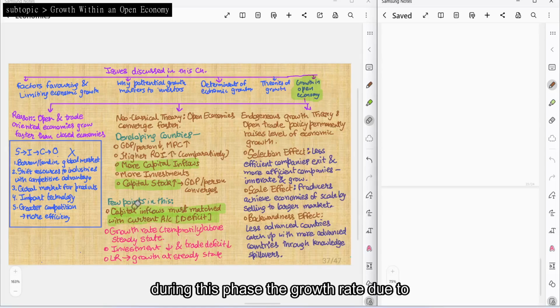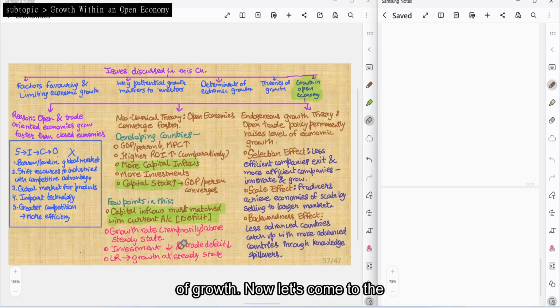So during this phase, due to high capital investment, the growth rate in GDP per person will be temporarily above the growth rate suggested by the steady state. As you experience diminishing marginal returns of capital, investment will gradually decrease and the trade deficit will also gradually decrease. In the long run, the country will grow at the rate suggested by the steady state rate of growth.